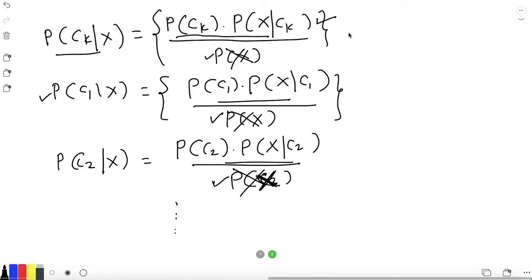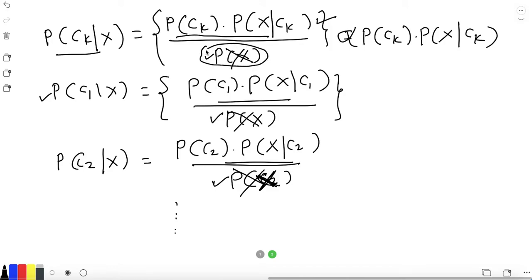So the term which I'll ultimately be computing in order to get the answer is probability of Ck into probability of x given Ck, right? In fact, this equal to will be written as proportional to, because now we are removing this term in the denominator. So probability of Ck given x is proportional to probability of Ck into probability of x given Ck.